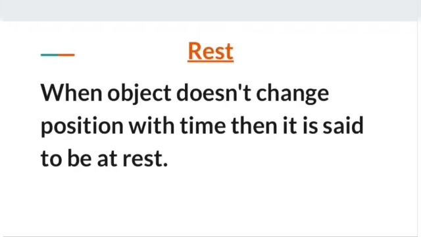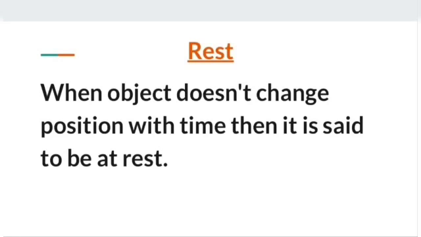Now, what about stationary objects? Means the objects which do not change position. So when an object does not change position with time, then it is said to be at rest.